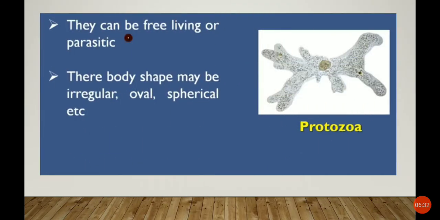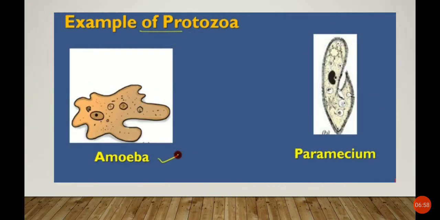They can be free living or parasitic. Parasitic means they live on other organisms, and their body shape may be irregular, oval, spherical, etc. Examples of protozoa: amoeba, paramecium.